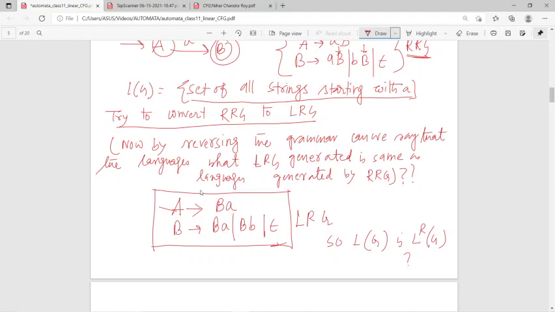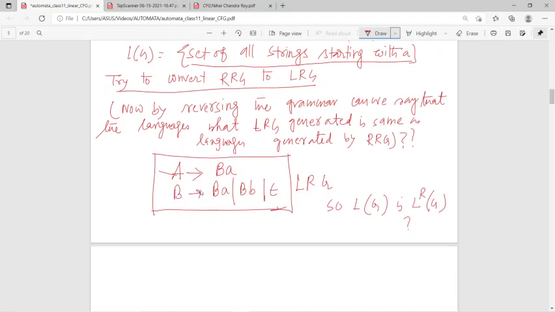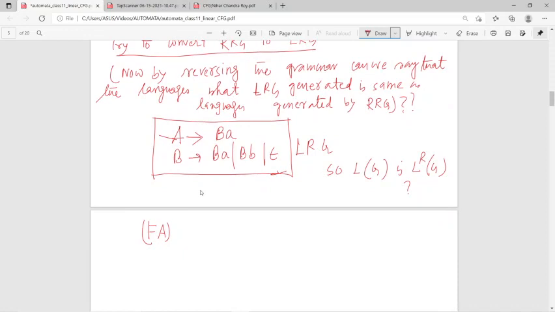So what we get is, if there is a finite automata that accepts some language L, and this finite automata is converted into a right regular grammar, the corresponding language is also L. What I am doing now is reversing the grammar, and we get a left regular grammar.